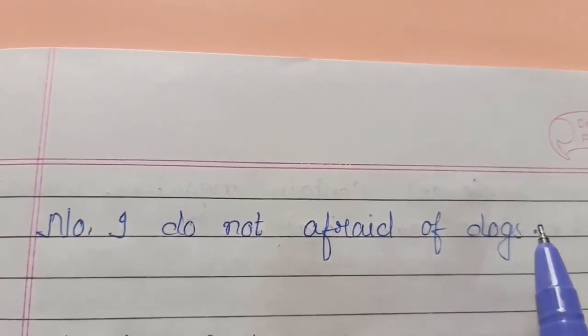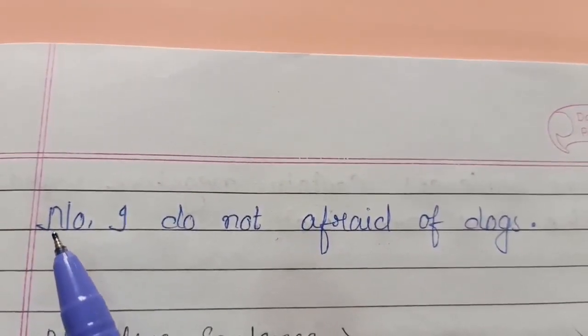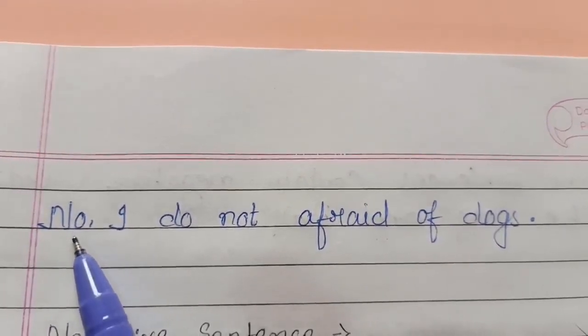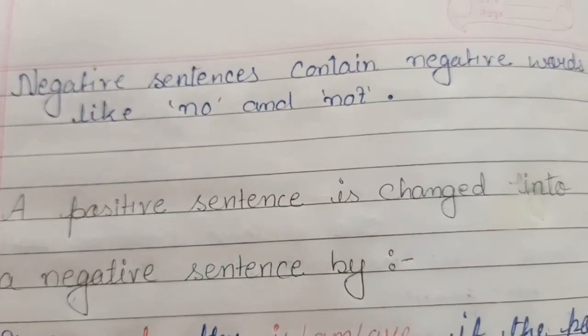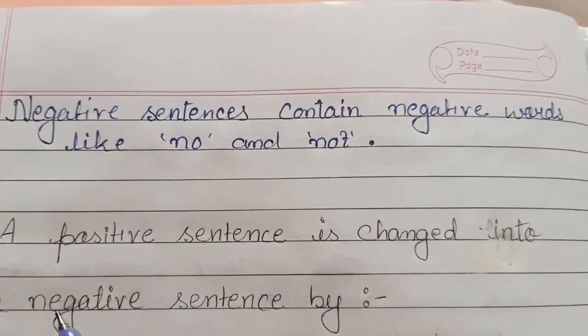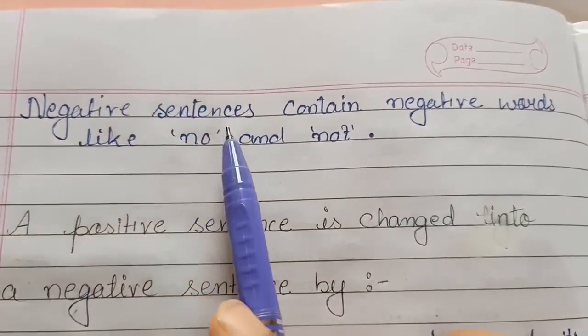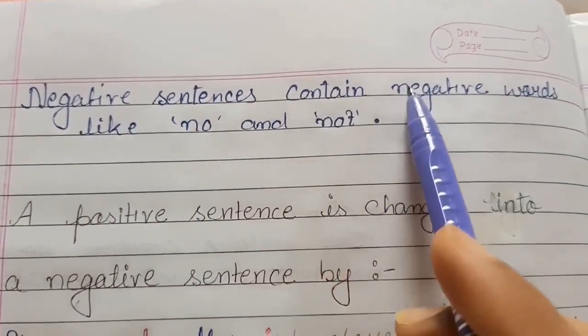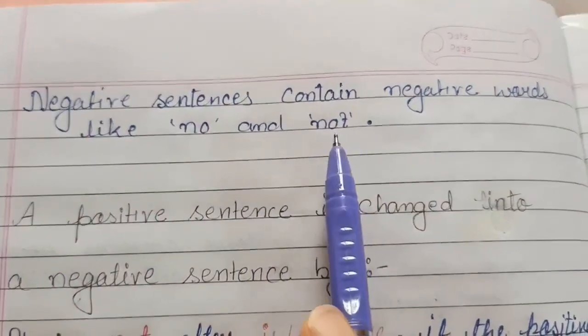So this is a negative sentence because it has negative words like no and not. Now I hope you all have understood what is a negative sentence. Negative sentences contain negative words like no and not.